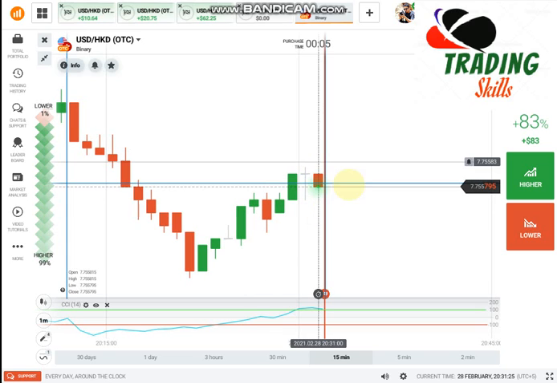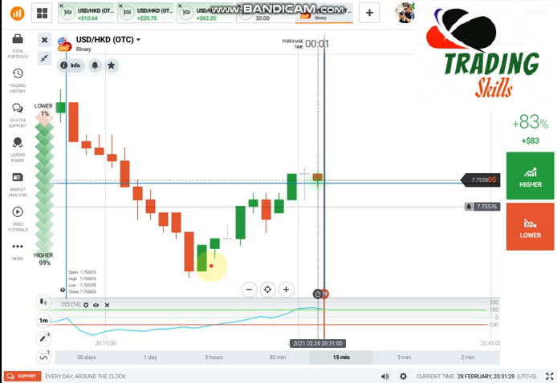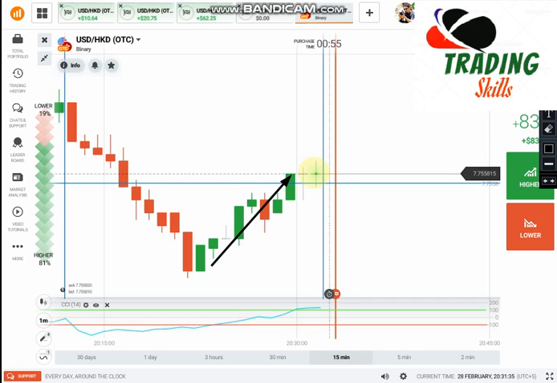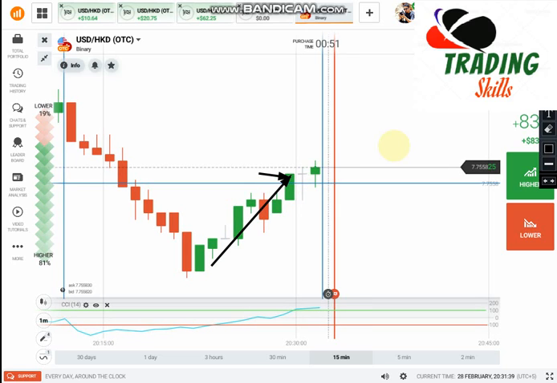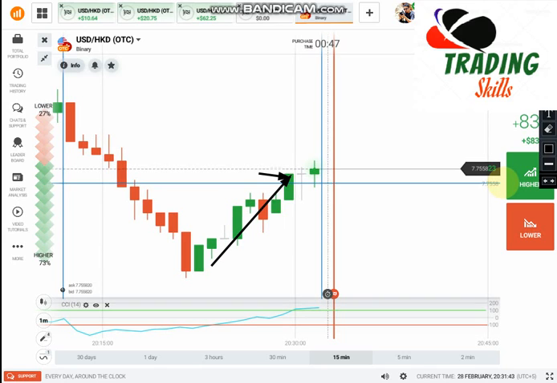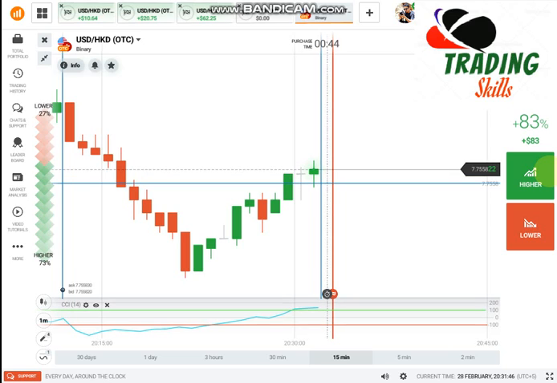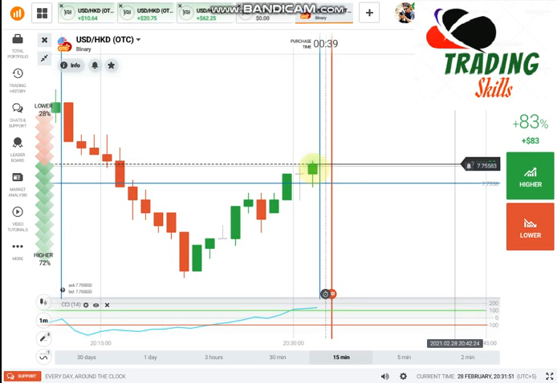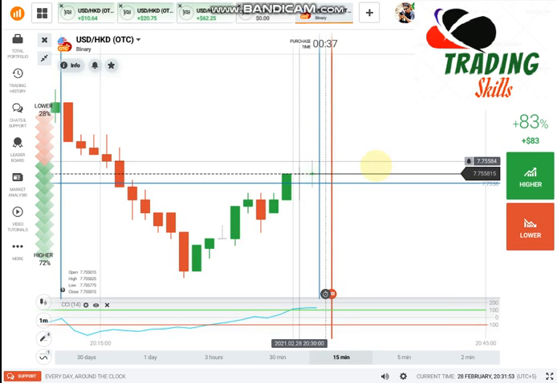Always remember, the momentum only ends where you see weak candles, so after that you can expect a seller's entry. Now again buyers are making a new high and this candle will go up. Okay, so now you can see it made a new high, and if this candle goes up a bit, I can easily take my trade in an up direction.